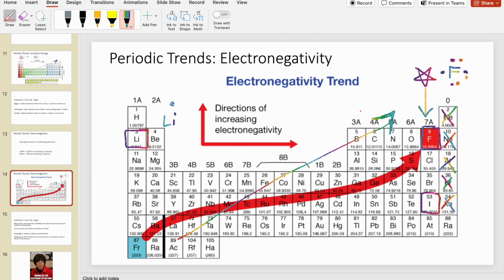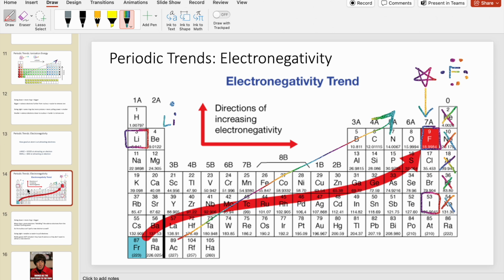Fluorine has 7 out of 8 valence electrons. Lithium only has 1 out of 8. So if it attracts another electron, now you have 2 valence. That's okay, but it's not all 8. So these guys aren't as electronegative, because getting an electron isn't as rewarding for the atom as it is for, say, fluorine.